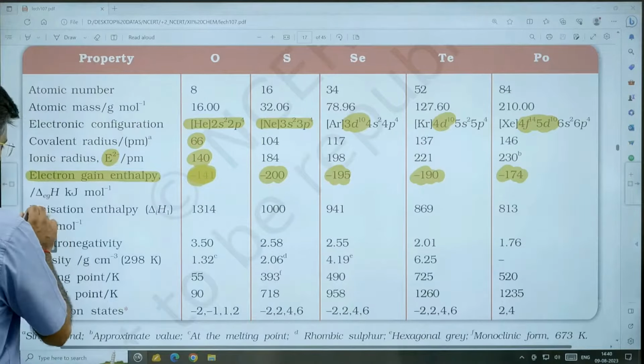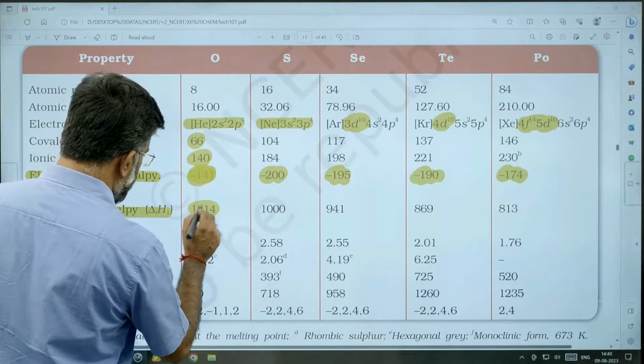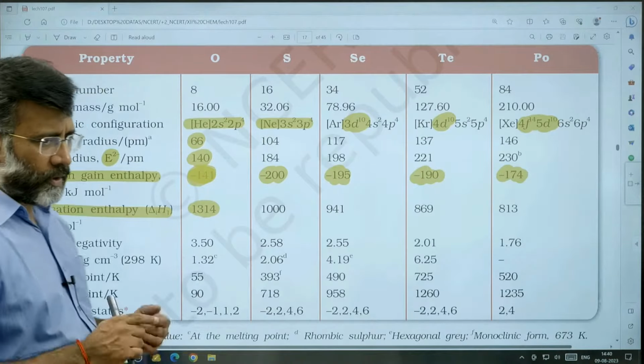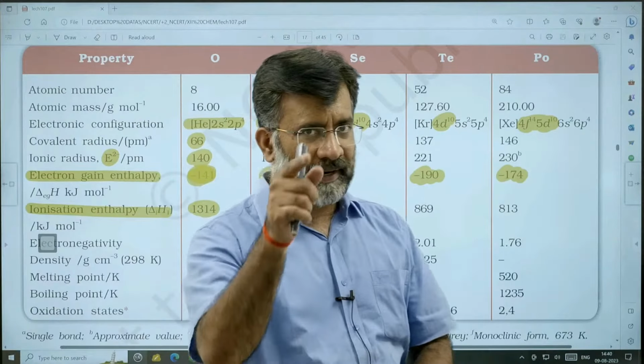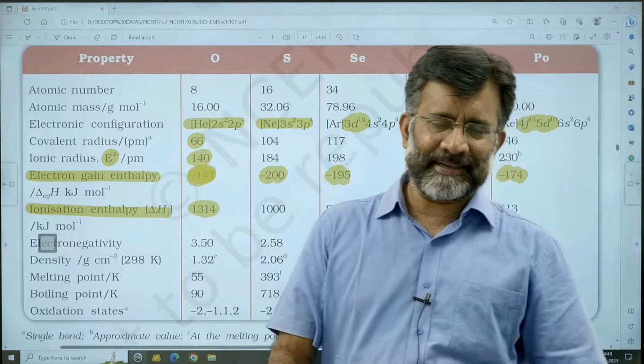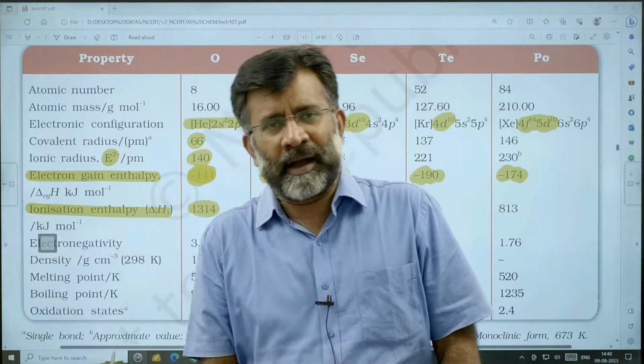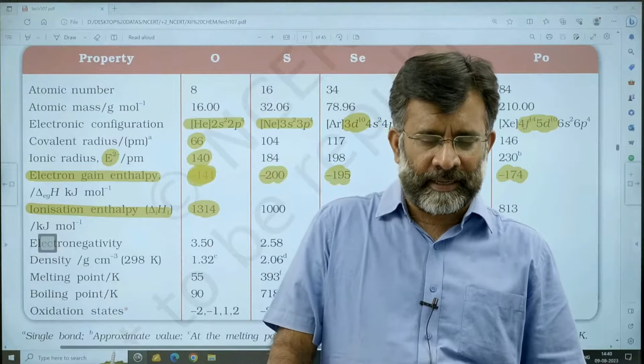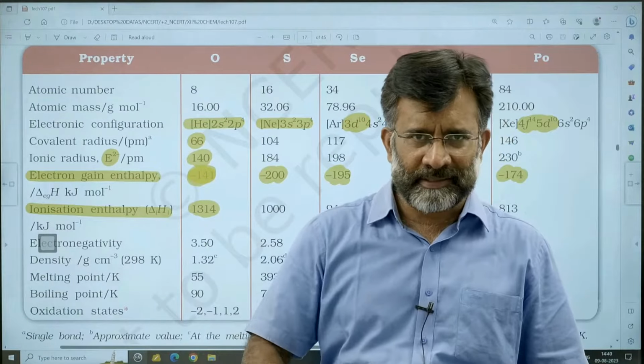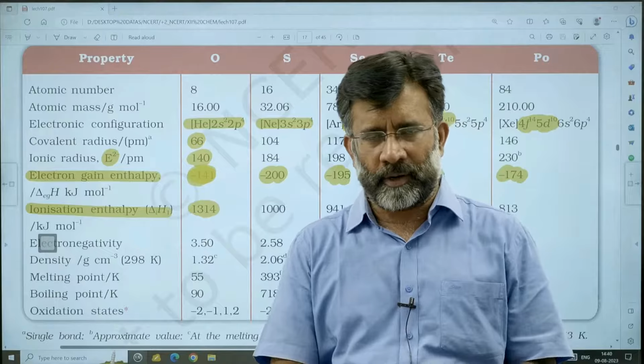Discussing ionization enthalpy, we have already seen the value for oxygen is less than that of nitrogen, because nitrogen has a p3 configuration, with extra stability due to half-filled electronic configuration. That is reflected in the first three members, probably not in the last member.